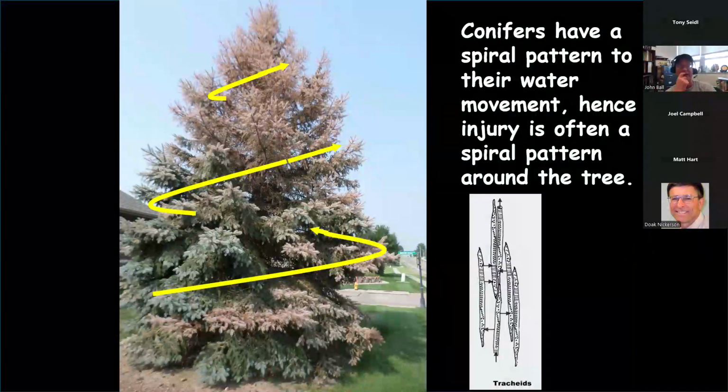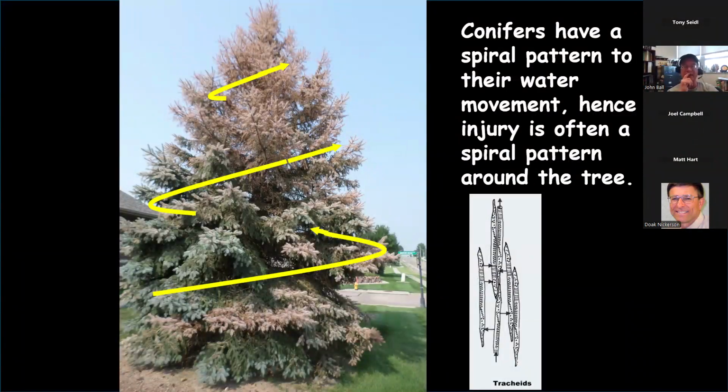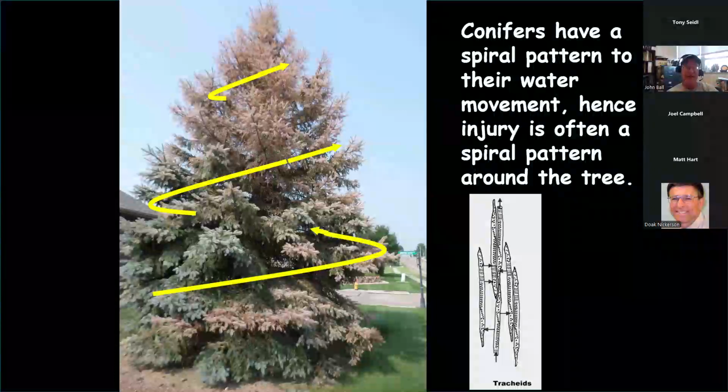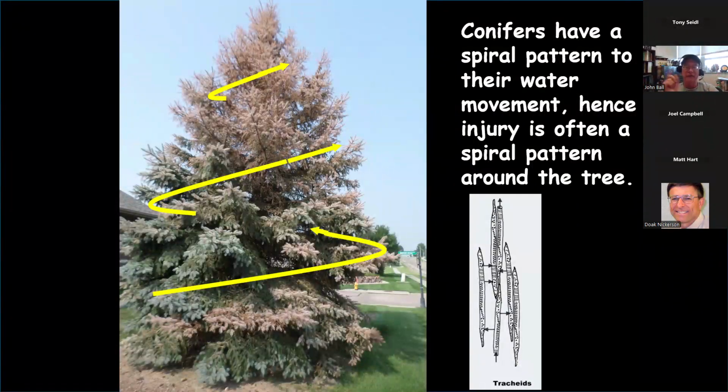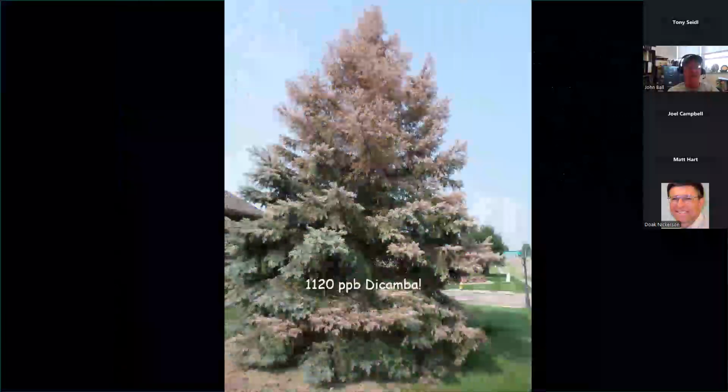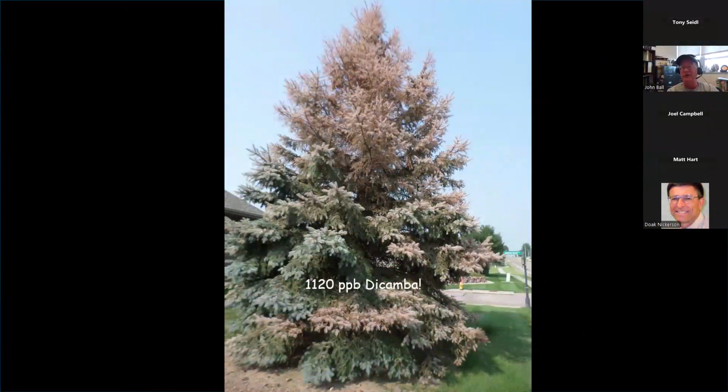So I looked at that and I go, that's a pattern that looks like herbicide. And I could see it on conifers throughout, as well as some of the deciduous material, but conifers were really impacted. And I said, what was sprayed here? And then we went back, found the product. The applicator told us, and look how much dicamba we pulled out of that. 1,120 parts per billion dicamba.